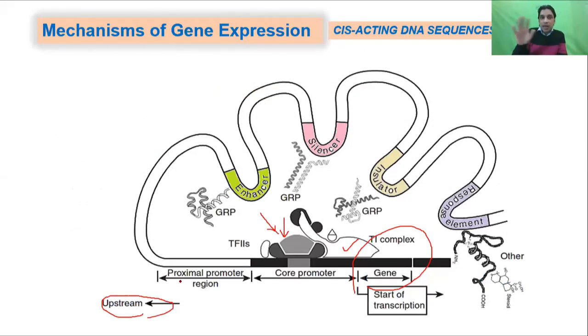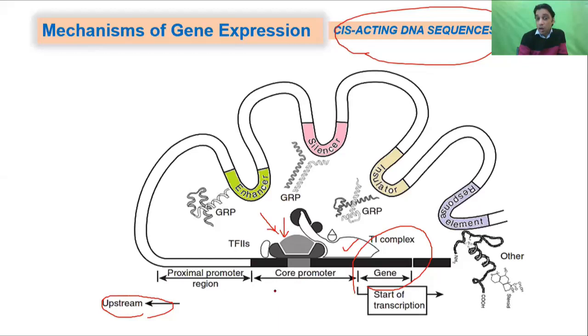There are different elements present on the same stretch of the DNA. All those things collectively are called cis-acting DNA sequences. Anything which can influence the expression of the gene and is present on the same stretch of DNA is called a cis-regulatory element or cis-acting element, sometimes cis-acting DNA sequences.